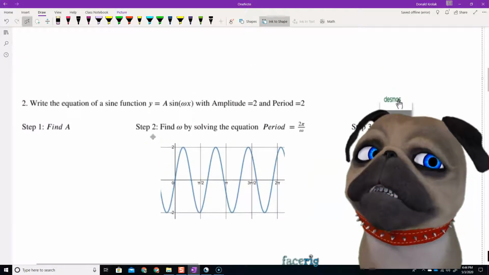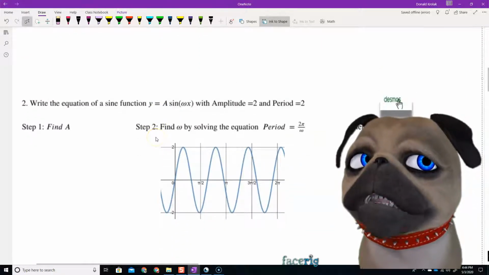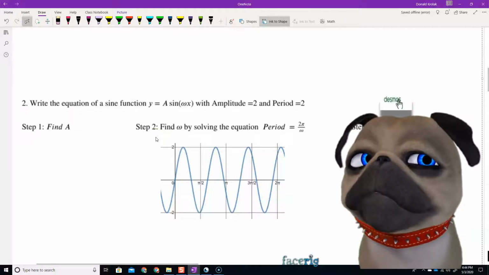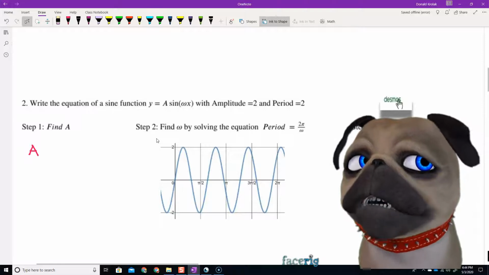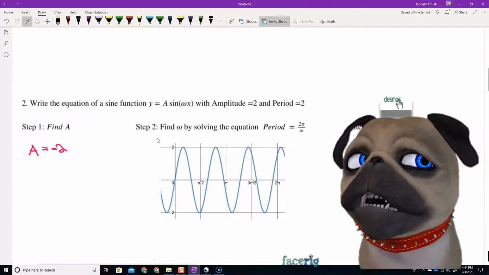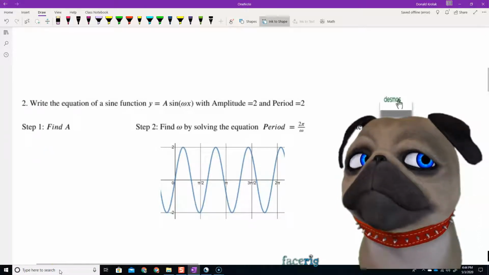All right, next example. Now, this one says write the equation of a sine function with an amplitude of 2. All right, so we already know that A could either be 2 or -2. It can be either one of those.